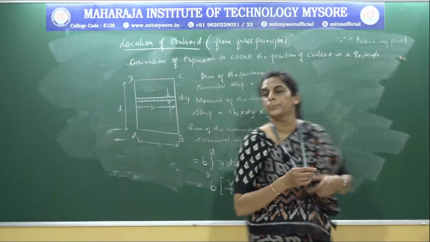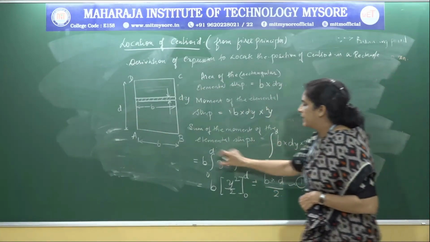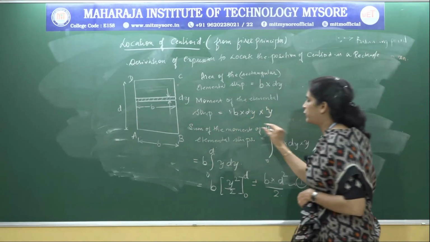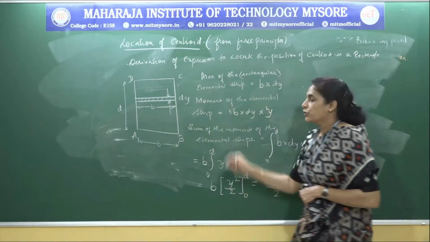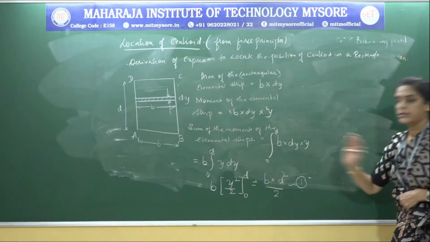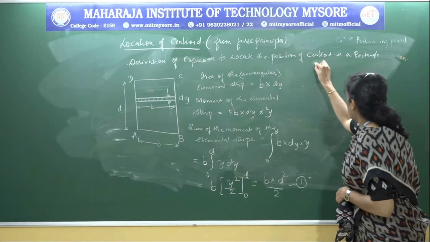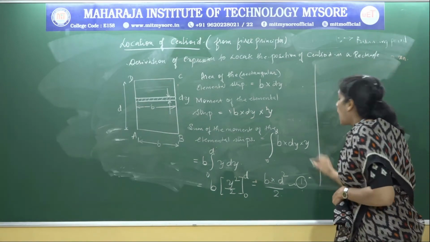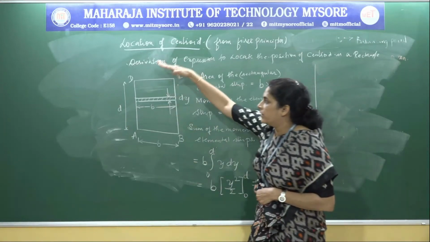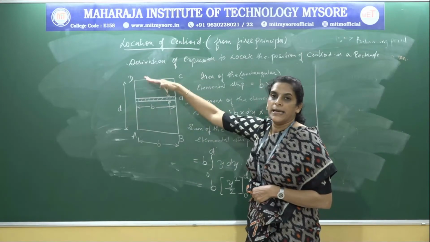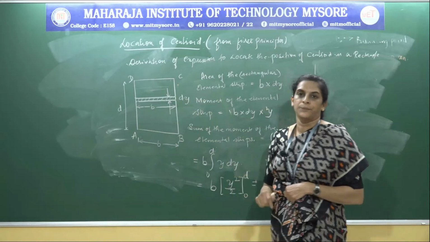So now this is the sum of the moment of each and every individual strip. So altogether I have this expression. So now my concern is to find out the centroid for the overall area or the whole area.